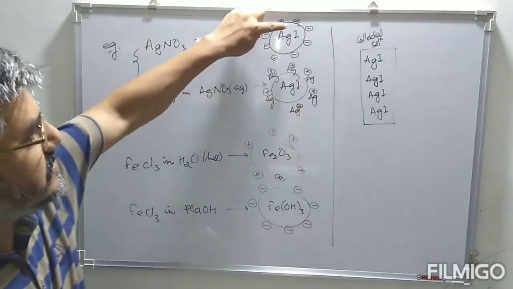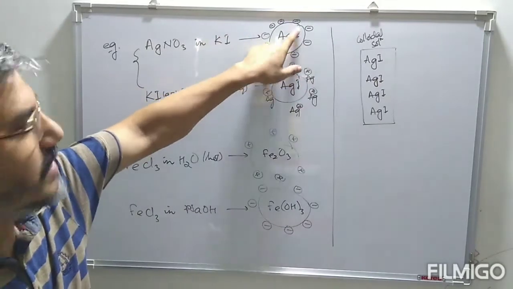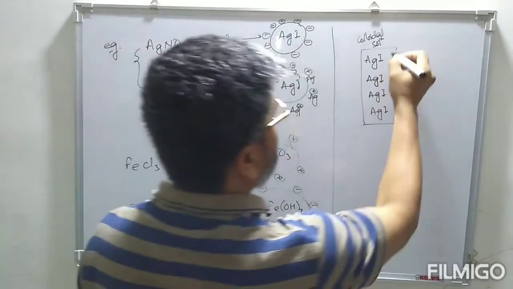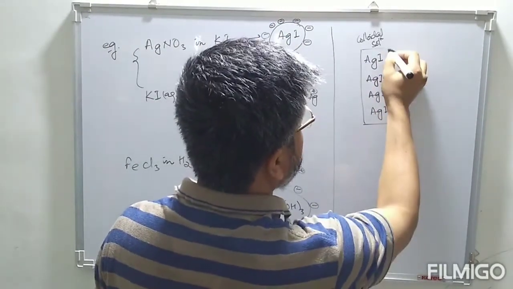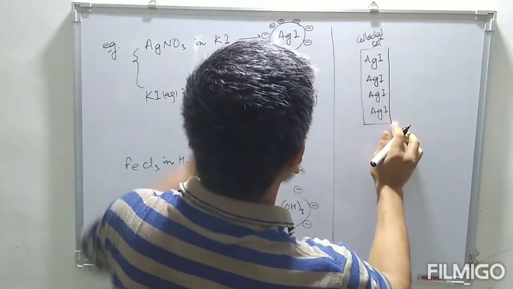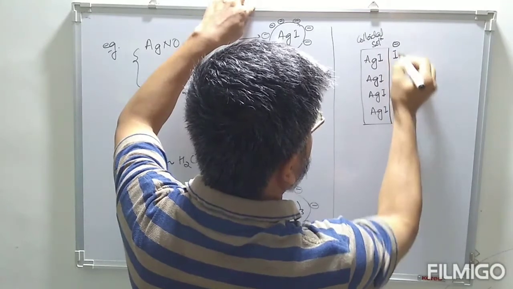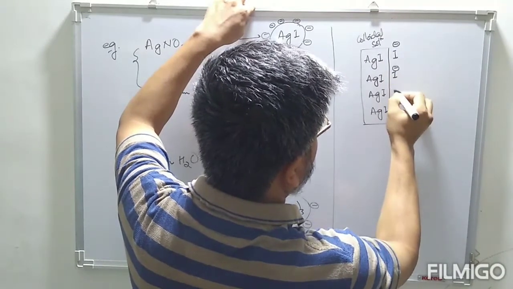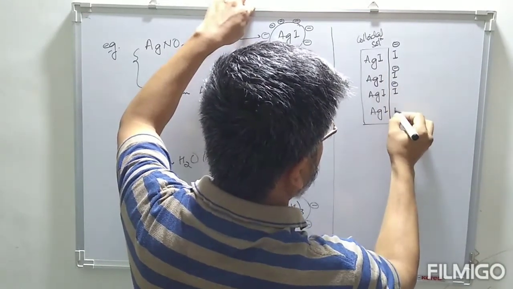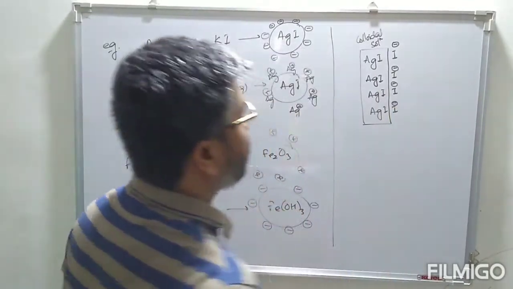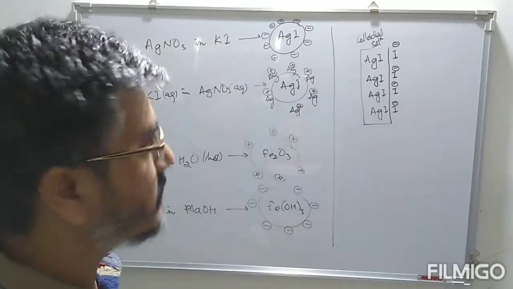Now either we take this Ag plus or I minus. So let's suppose on the surface of this AgI, I minus adsorbs. So this is negatively polarized.